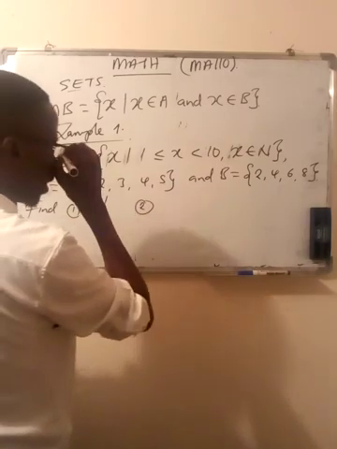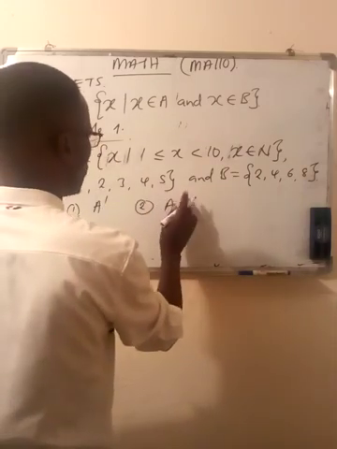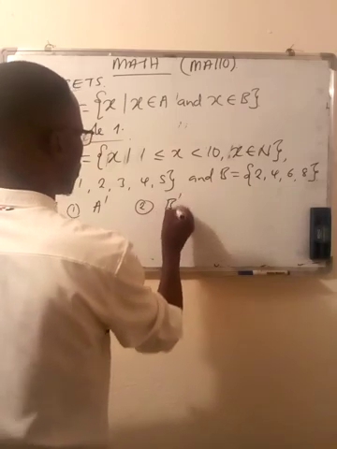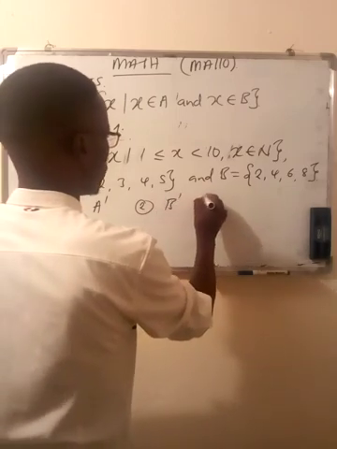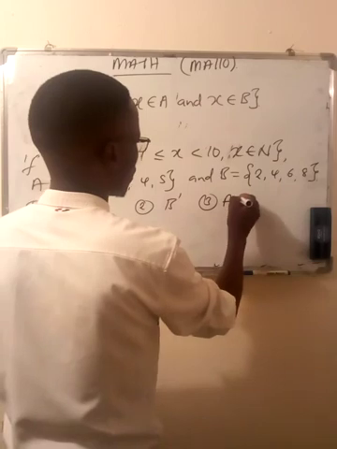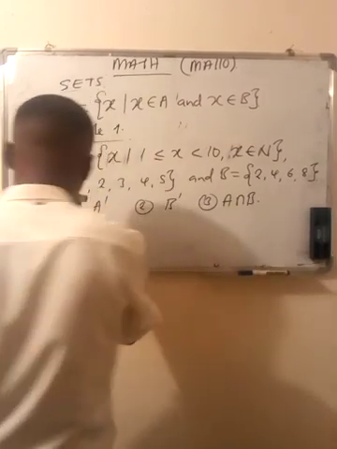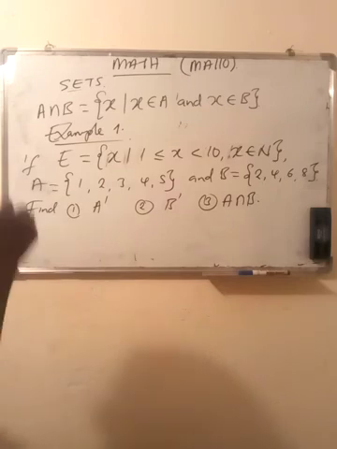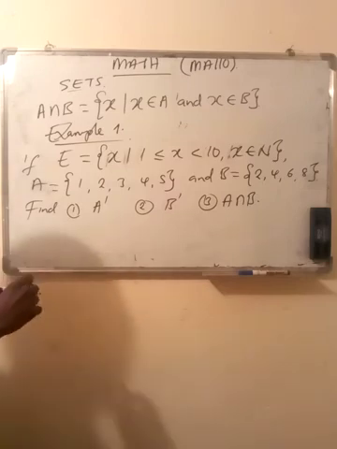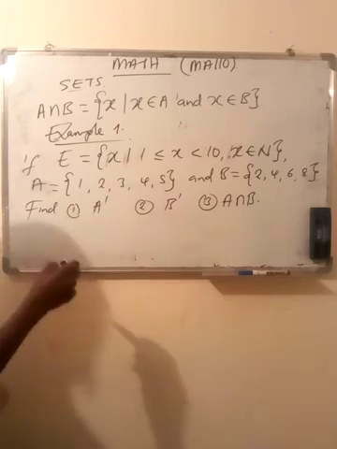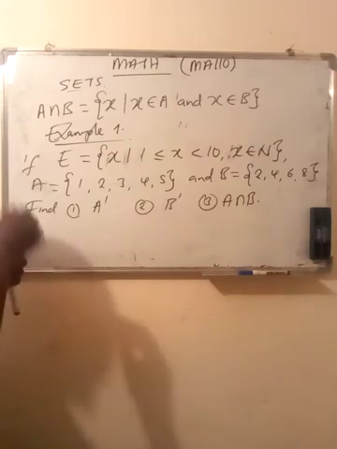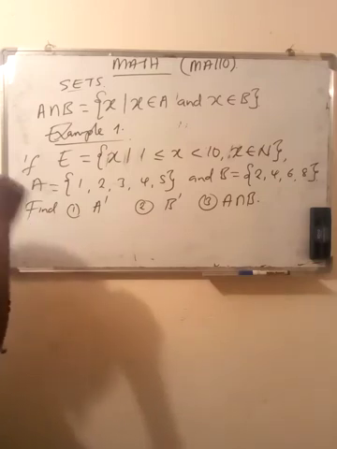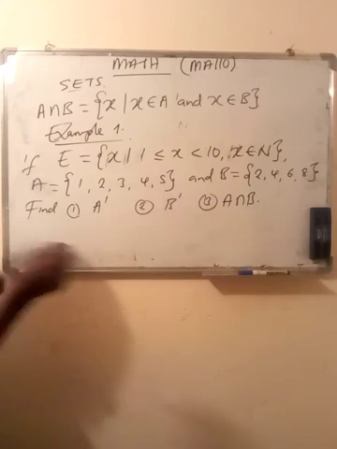Let's try to find that very quickly. A complement simply means the elements that are outside A but within the universal set. You can see that the universal set has the elements 1, 2, 3, 4, 5, 6, 7, 8, and 9, because they should be less than 10.